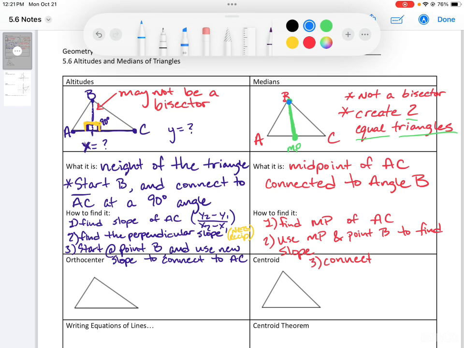So if you were using a coordinate plane and you actually had an XY for B and you had an XY for the midpoint, you could then use those two and use the slope formula.